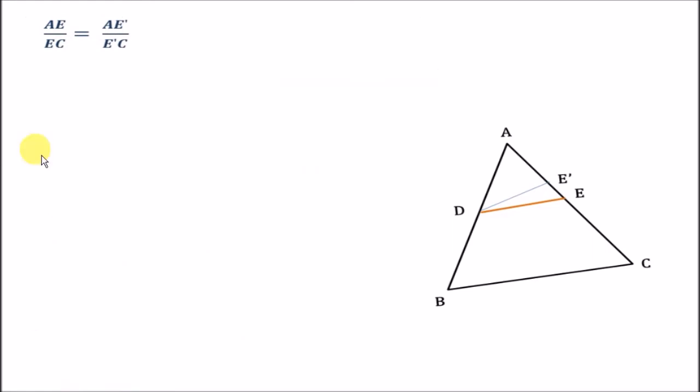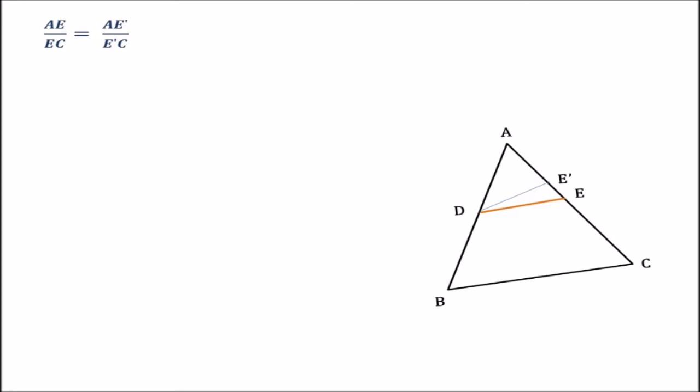Now on both sides, if we add the numerator and the denominator, AE plus EC, we get the entire side AC, and similarly, on adding AE dash and E dash C, we get side AC only.